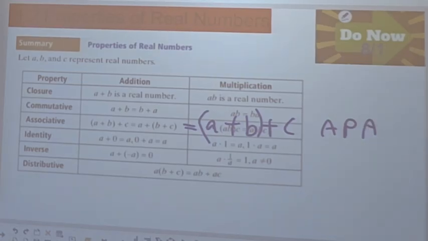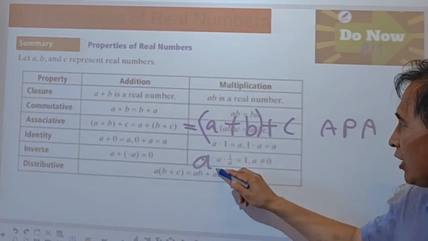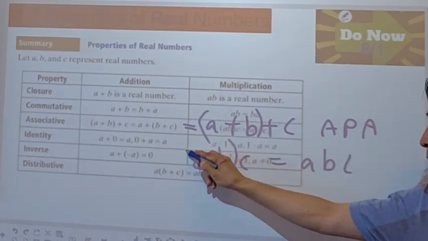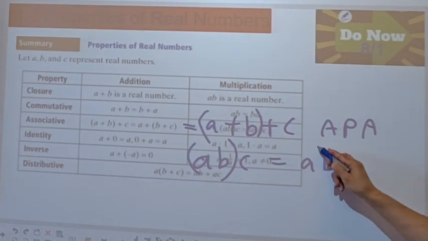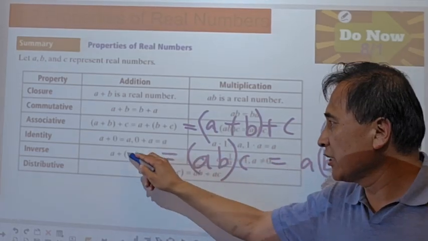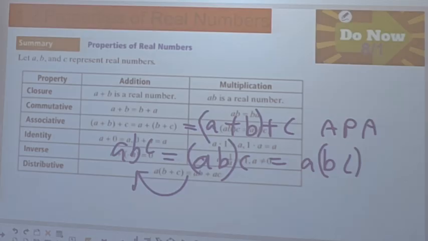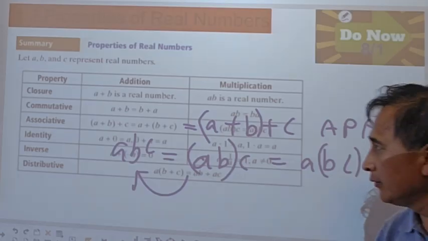Multiplication is the same, from ABC you can put the parenthesis here, or get rid of the parenthesis. That's associative. That's why you can get rid of parentheses. So same thing, this only works for addition and multiplication. You got it? Yes.